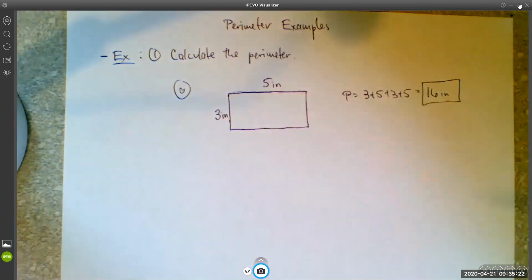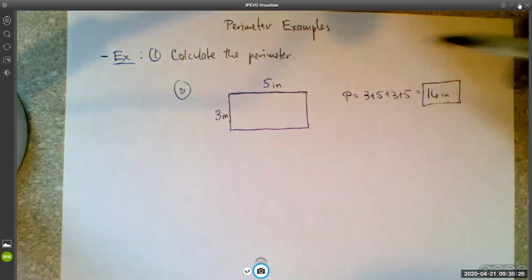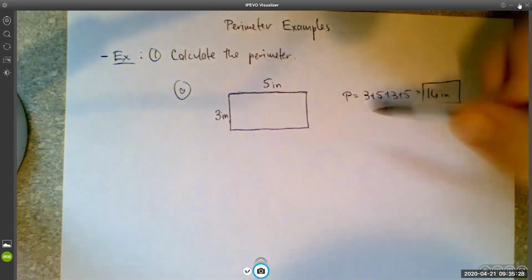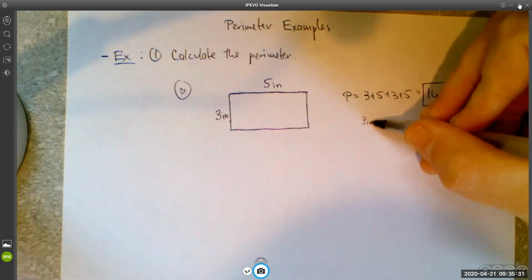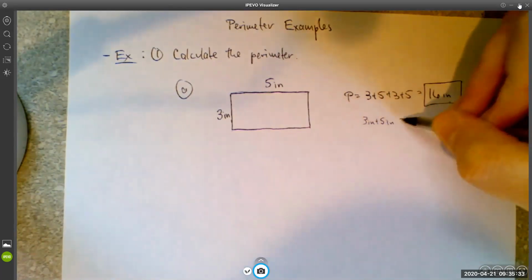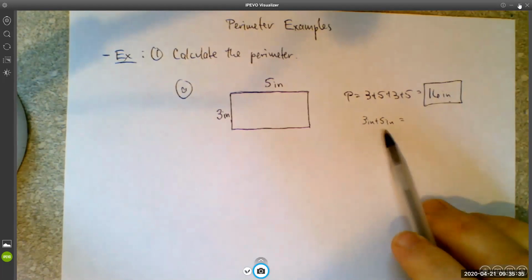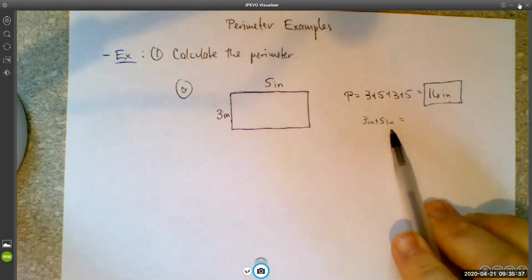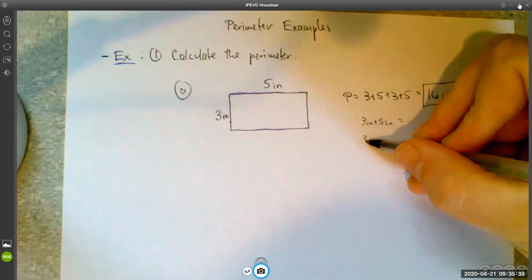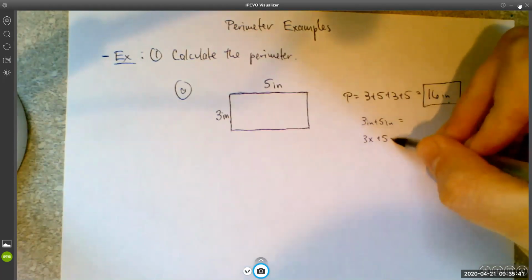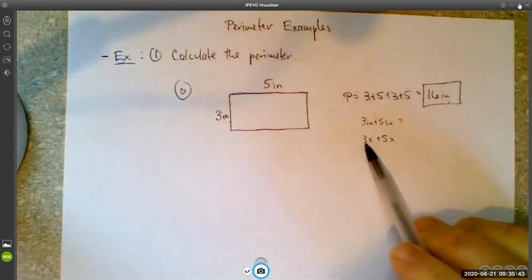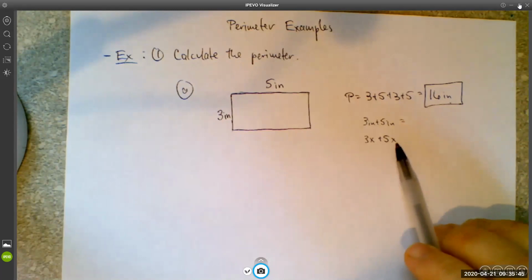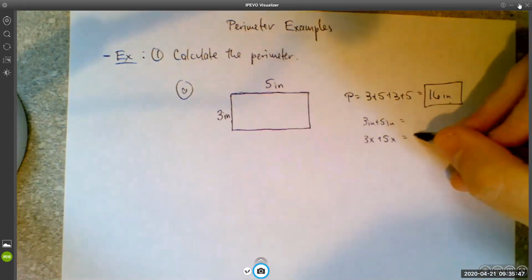Another way to see that you should just have inches and not square inches is that when you add, really we should have written inches, right? So we have 3 inches plus 5 inches, right? And you can treat these units of inches just like you would treat a variable. So this is, for all intents and purposes, like saying 3x plus 5x. When you have 3 x's and you add 5 more x's to them, then you have 8 x's in total.